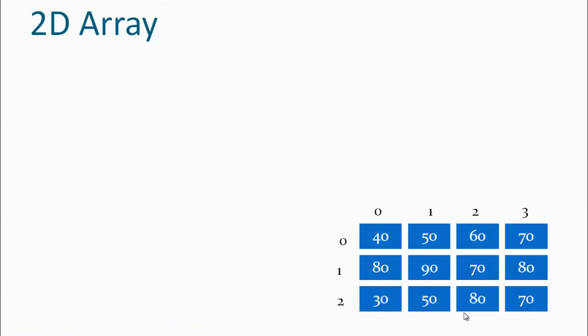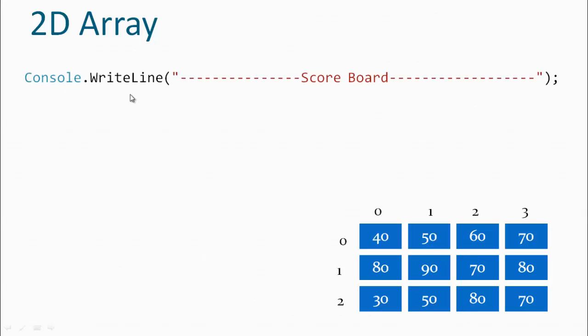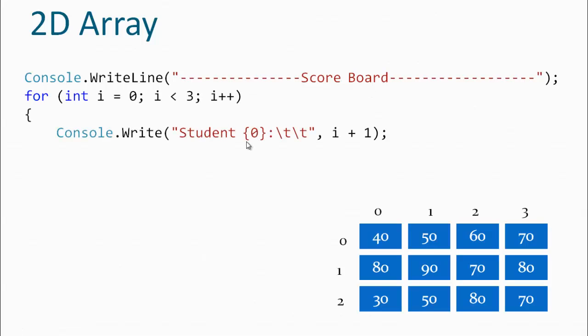Now let us print it. To print it, here use Console.WriteLine. Scoreboard will print a simple message. Then below that you want to print student, but you don't want to insert a newline character because you want the marks of a student in one line. So you are using the Write statement over here.